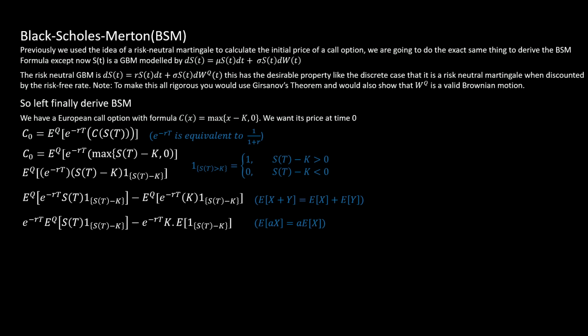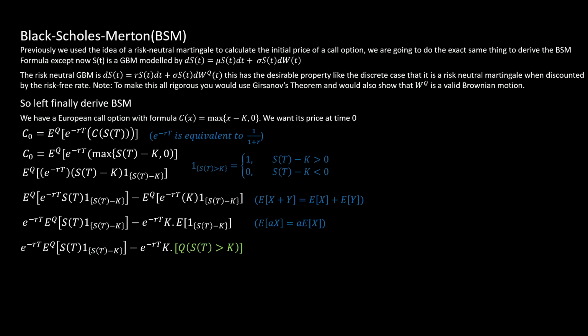So we're just going to have the probability times 1 and the probability times 0. Now this is actually just the probability that S(T) is greater than K, because we're going to get the values of 1 and sum them all up times the probability for S(T) greater than K, and we're going to get 0 for S(T) less than K.